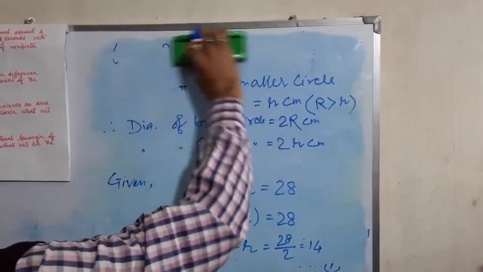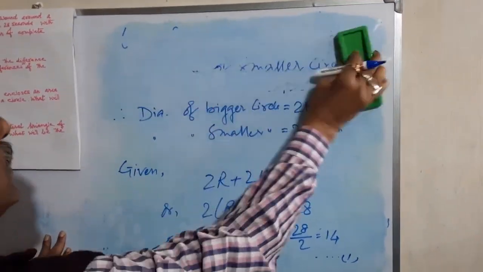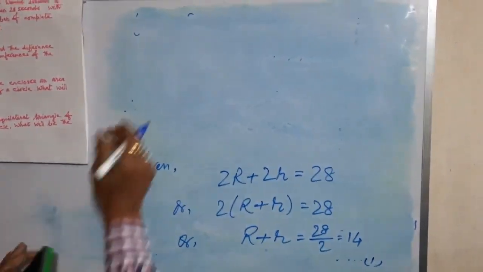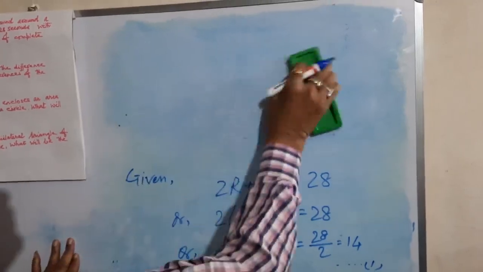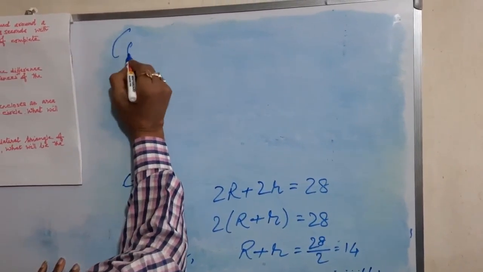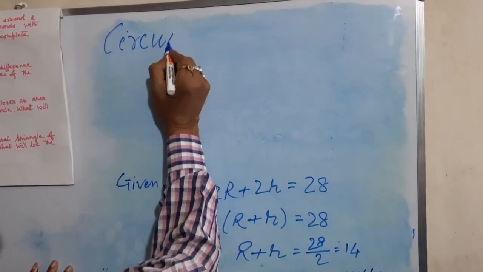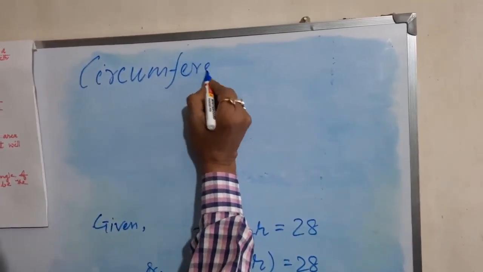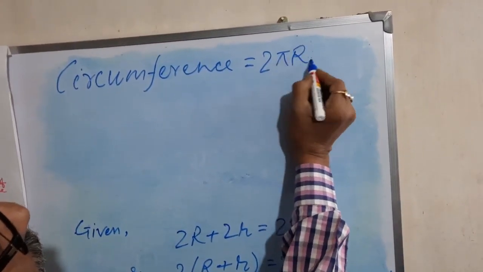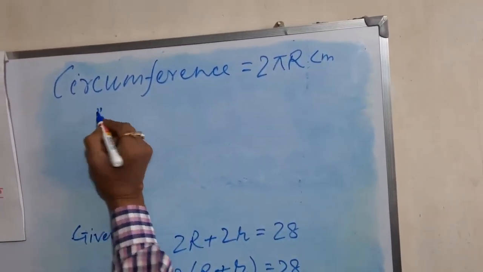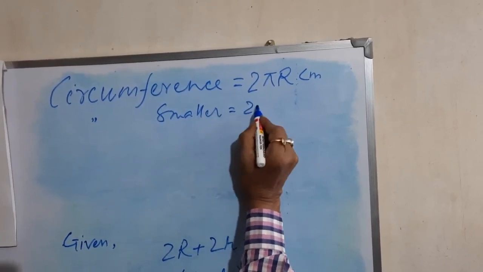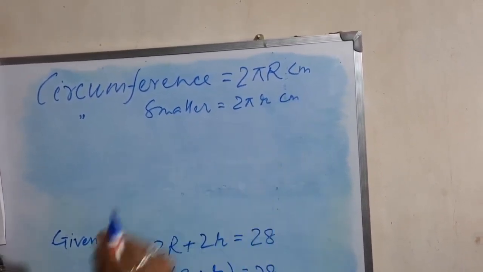Now, the circumference of the bigger circle is equal to 2 pi capital R centimeters. Circumference of the smaller circle is equal to 2 pi small r centimeters.